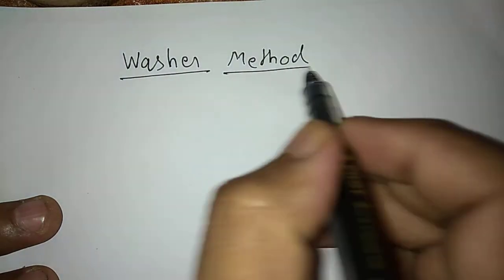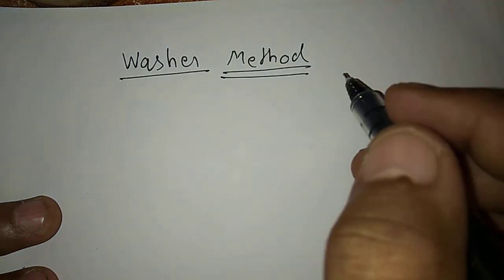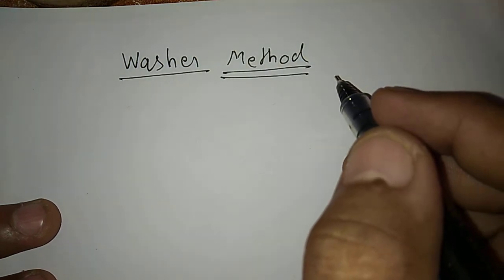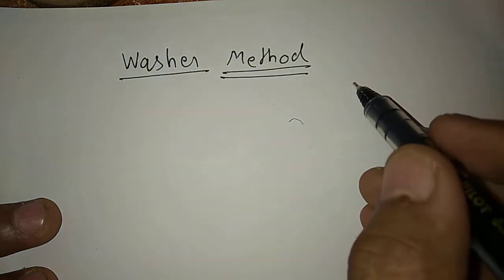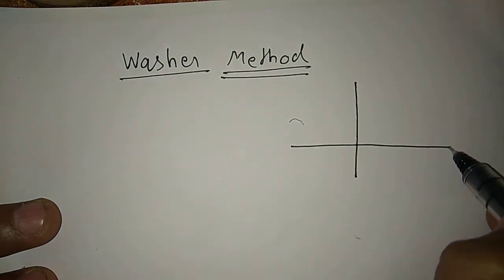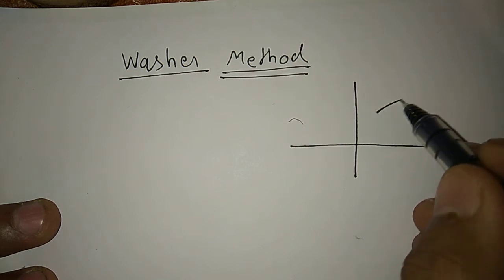That was the disk method, what we have discussed just now. Washer method means we get a solid which has a hole. Like, I'll try to explain here. Suppose a V curve is there, this curve.